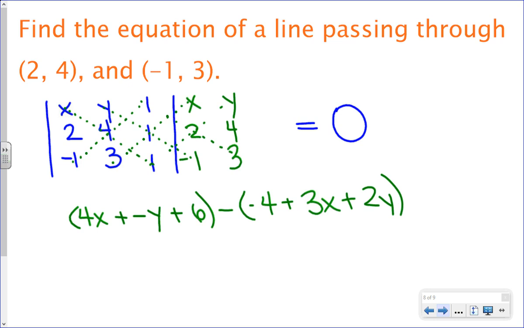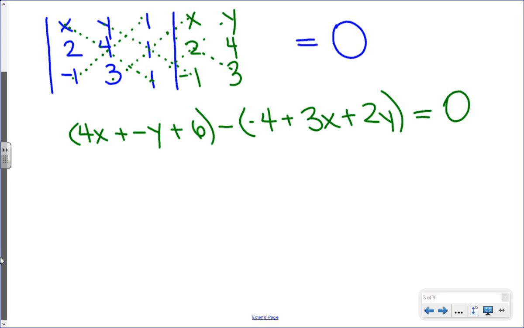That's the value of our determinant, and since we want these points to be collinear, the determinant should equal 0. Now it's a matter of combining like terms so we can write the equation of our line. So what is 4x minus 3x? X. What is negative y minus 2y? Negative 3y. And then we have 6 minus negative 4.